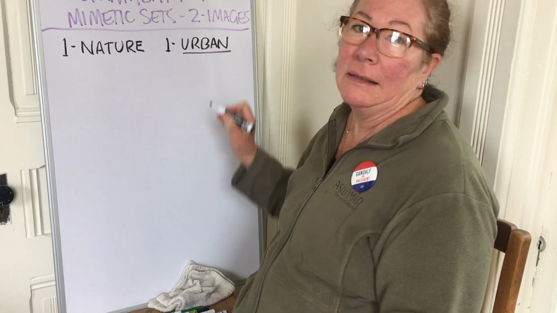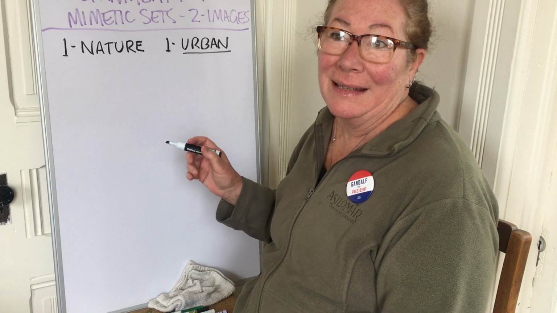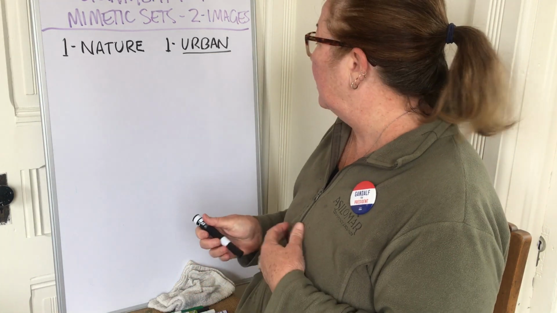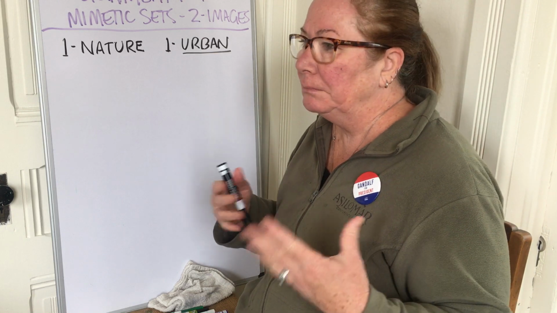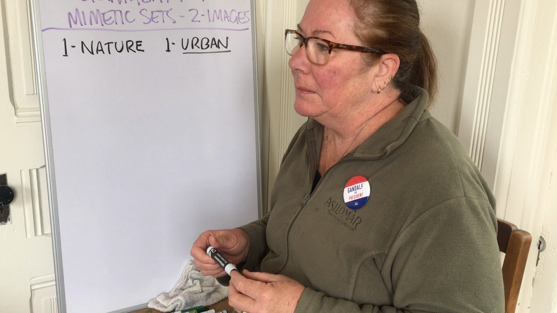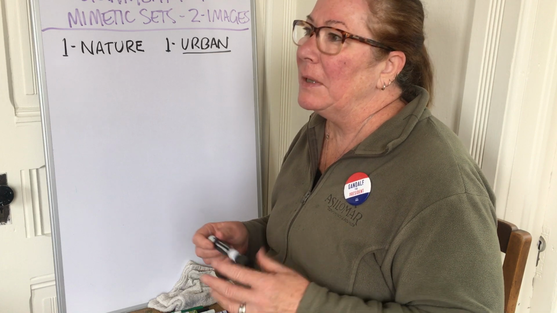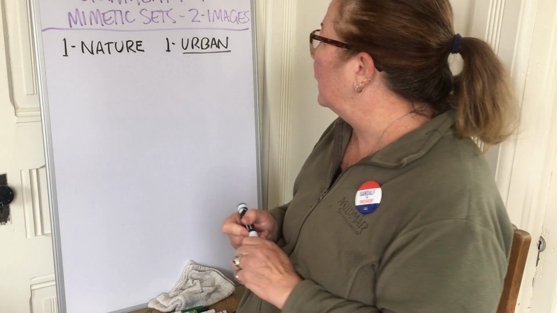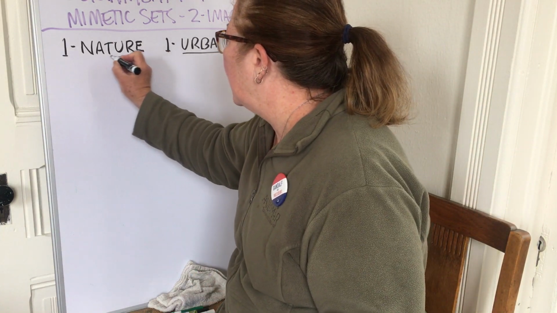Urban means from the city, right? So it's something that definitely has human interference in it, or maybe not interference, but something to do with human interaction. So nature has to be pure nature.